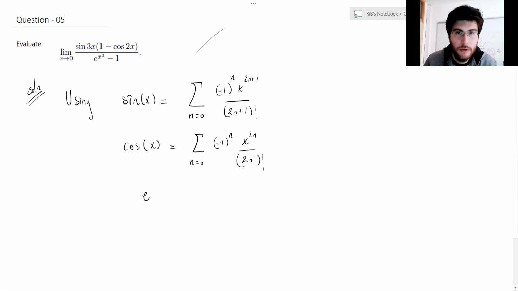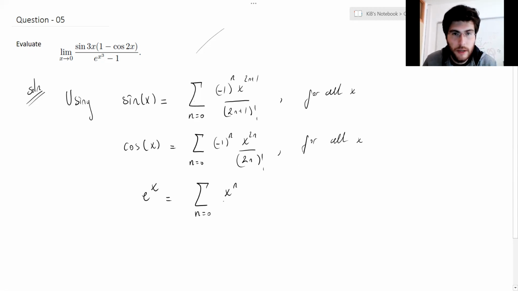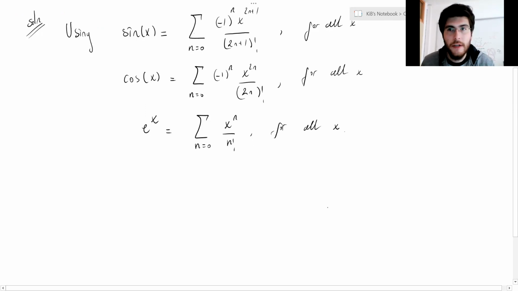The exponential, n starting from 0, x to the n over n factorial. Remember, these are valid for all x. So we are going to use them.